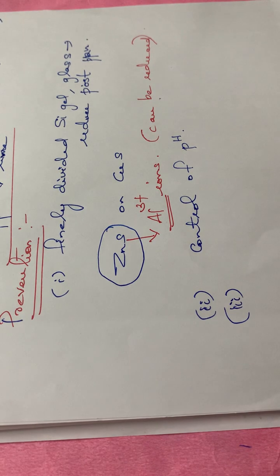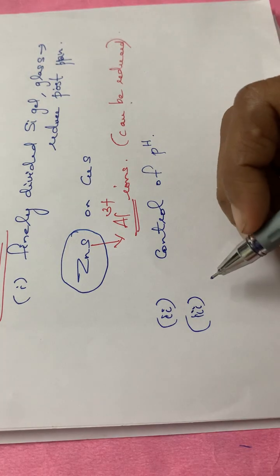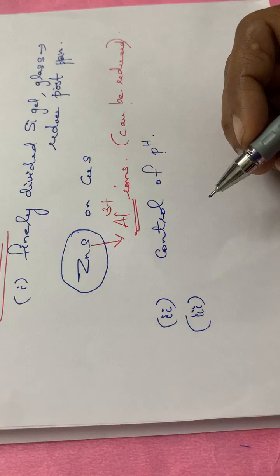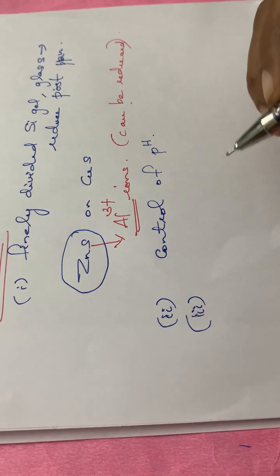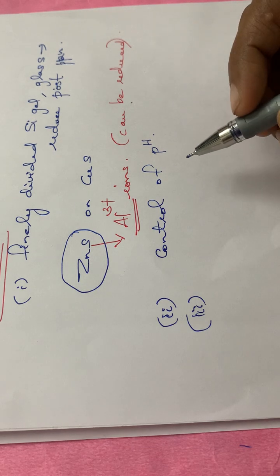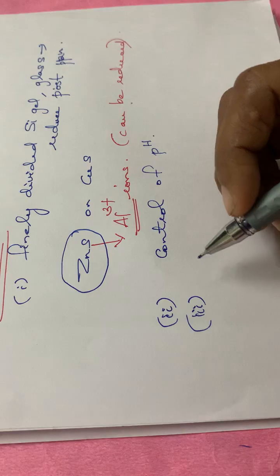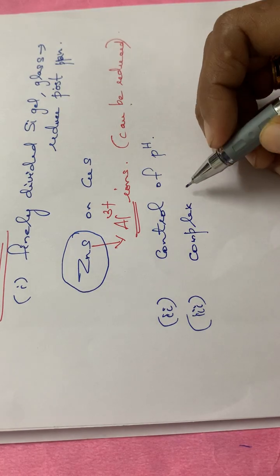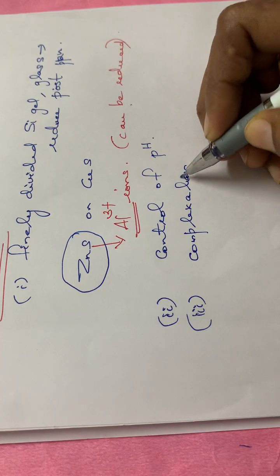Then the third one. Suppose an impure ion or some foreign ion is present in the solution. In order to avoid it from precipitating, we can use some complexing agents, or complexation reactions can be carried out.